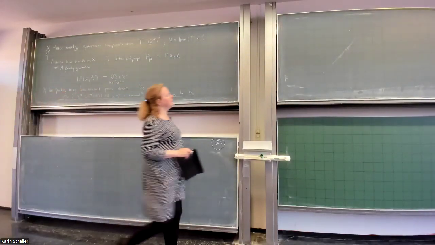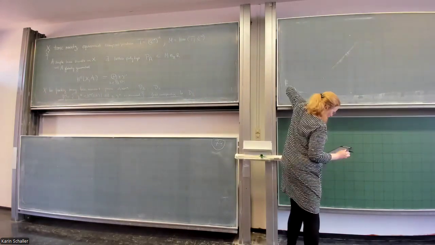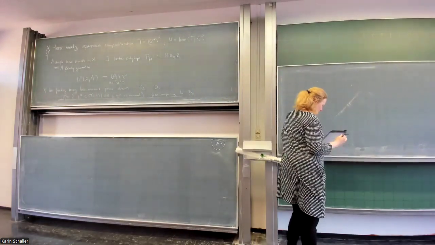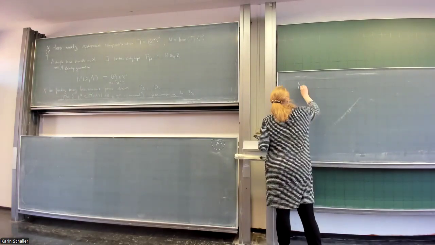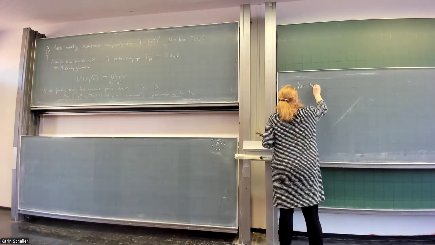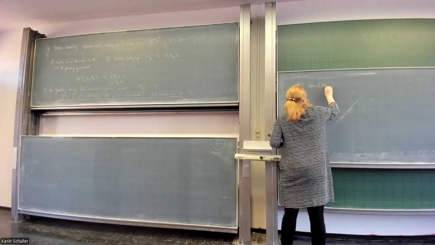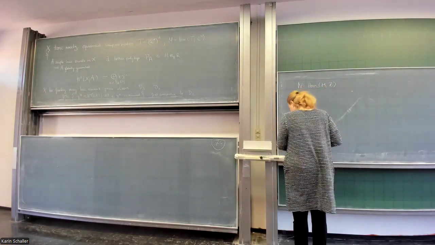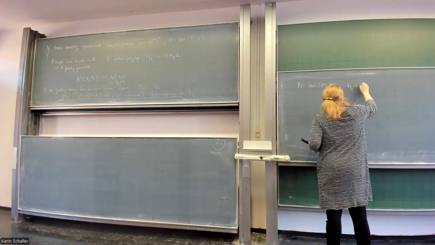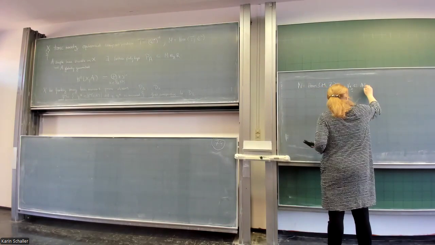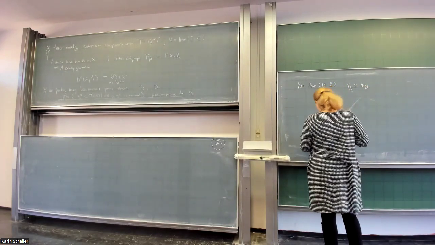Okay, and so if we take N, the dual lattice, and N_R is defined as well.